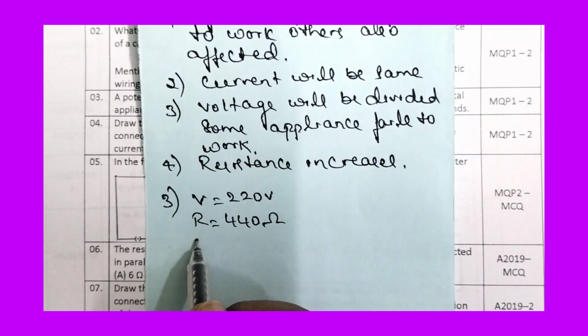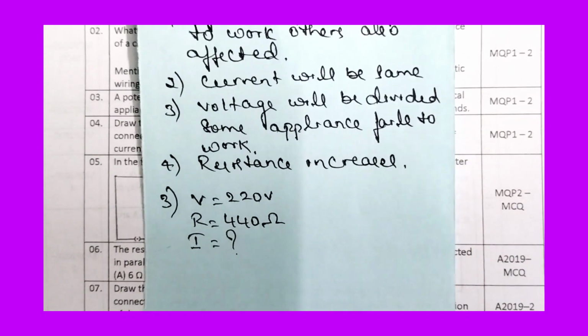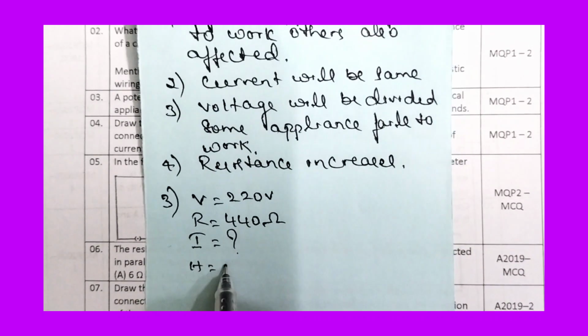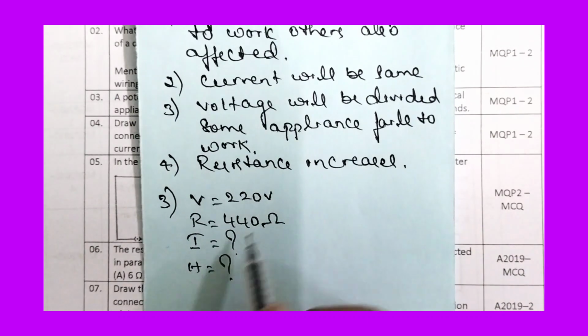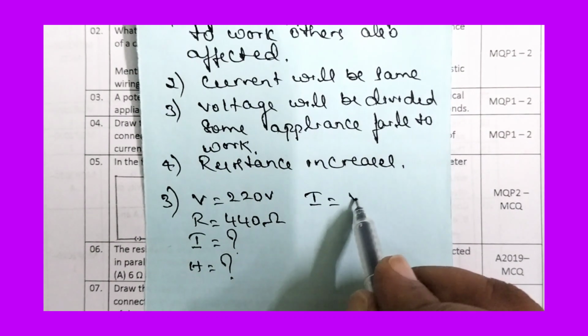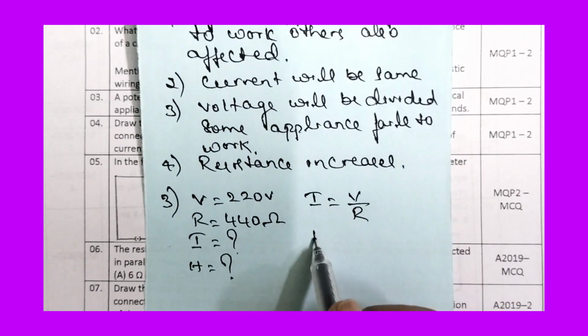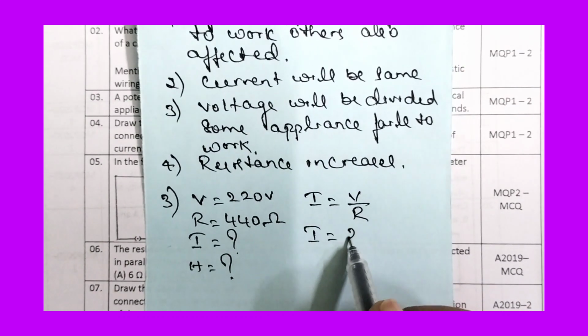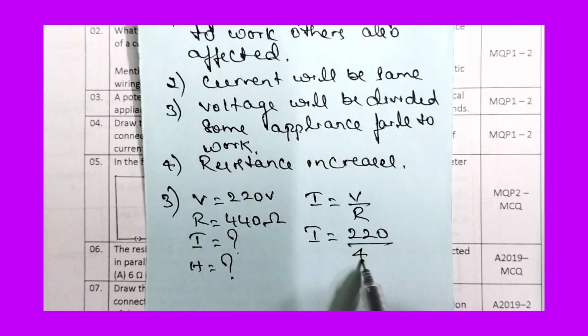First we have to calculate the current, and then we have to calculate the heat produced. For calculating current, let us use Ohm's law. According to Ohm's law, I is equal to V by R. I is equal to 220 divided by 440.